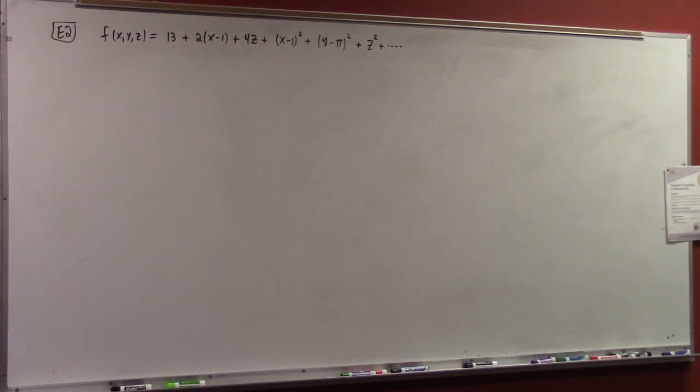So f of x, y is f of the point, plus partial f partial x at the point times (x minus a), where the point is (a, b), plus partial f partial y at the point times (y minus b), plus 1/2 of partial squared f partial x squared at the point times (x minus a) squared, plus 2 partial squared f partial x partial y at the point times (x minus a) times (y minus b), plus partial squared f partial y squared at the point times (y minus b) squared.